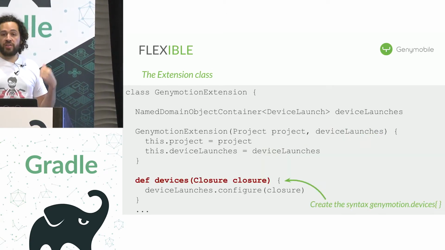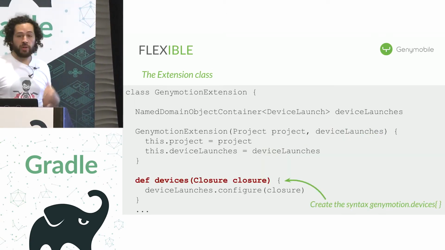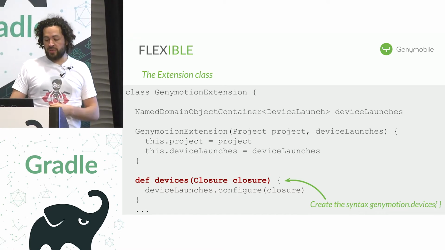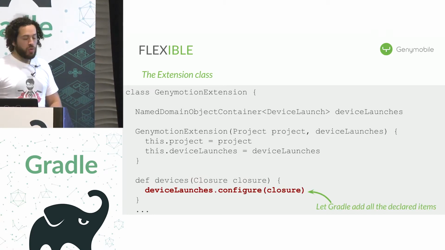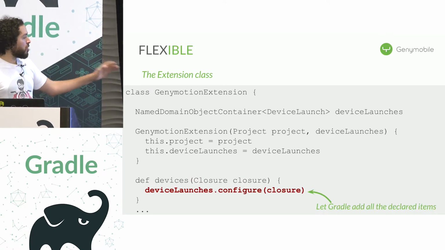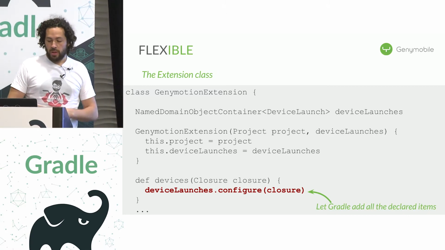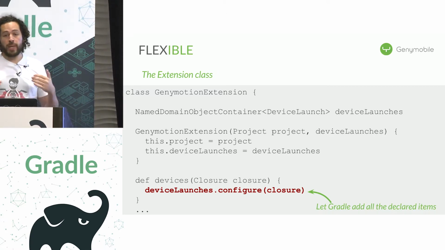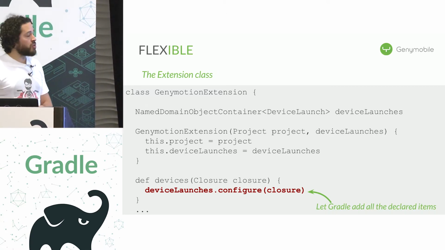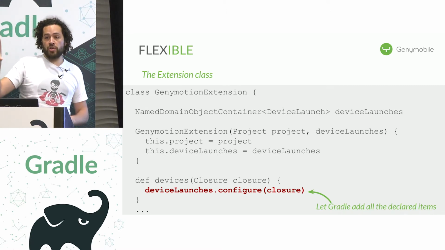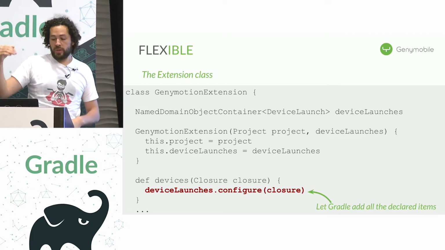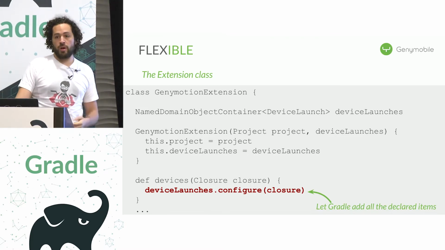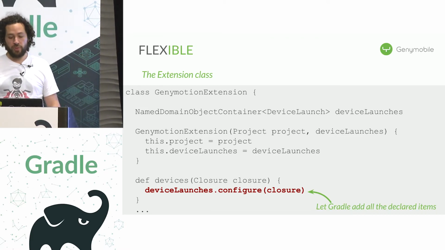And we have our devices method that I told you about that will receive a closure. When we receive this closure, we will call configure on device launch, passing the closure. So we just let Gradle instantiate all the declarations that have been done by the user as a series of device launch objects. And then we will be able to use them.